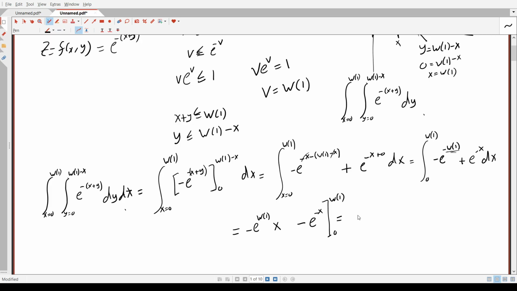We have minus W of 1 e to the W of 1, minus e to the negative W of 1. Okay, and then when we plug in 0, this first term gets 0. And here we get plus e to the negative 0, that's going to be 1.